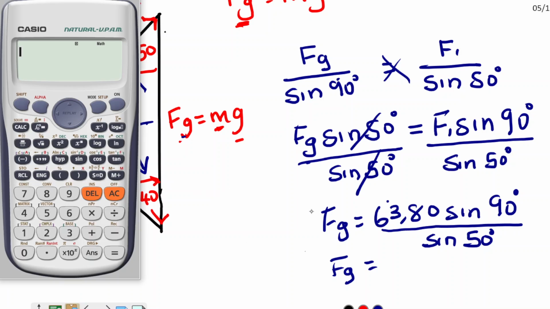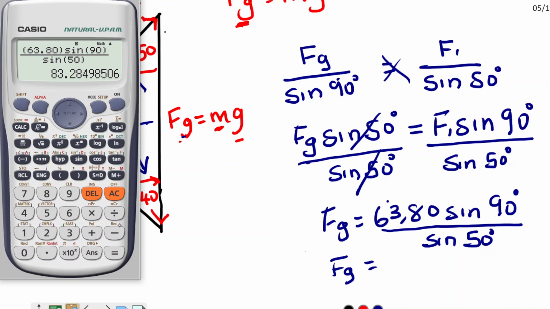On the calculator, we have a fraction: 63,80 multiplied by the sine of 90 degrees, and then divide by the sine of 50 degrees.